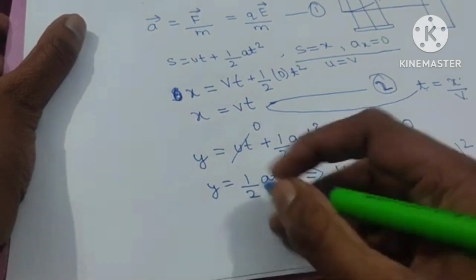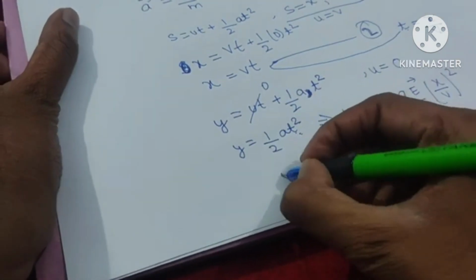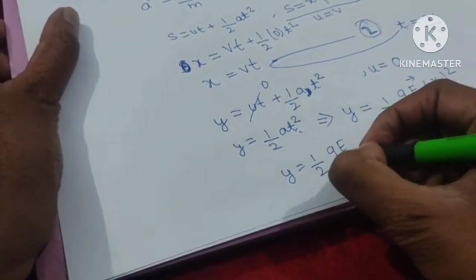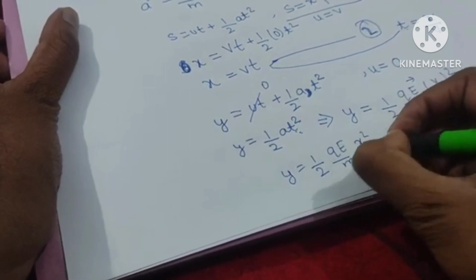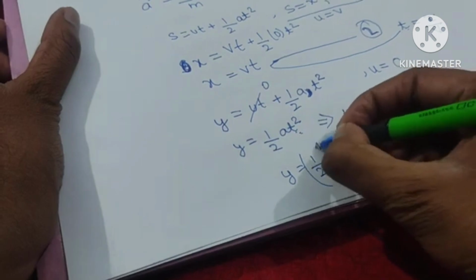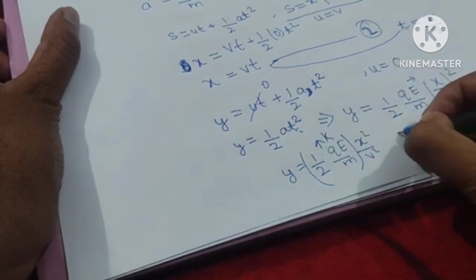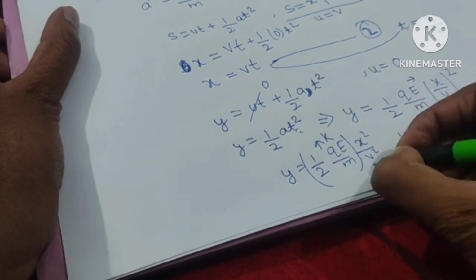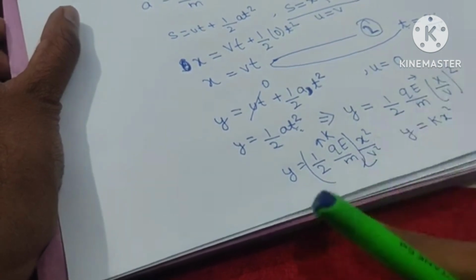Now y equals half qE by m times x squared by v squared, and this part is a constant. So we can take this as k, where k is half qE by m by v squared, and v is also involved in this k.